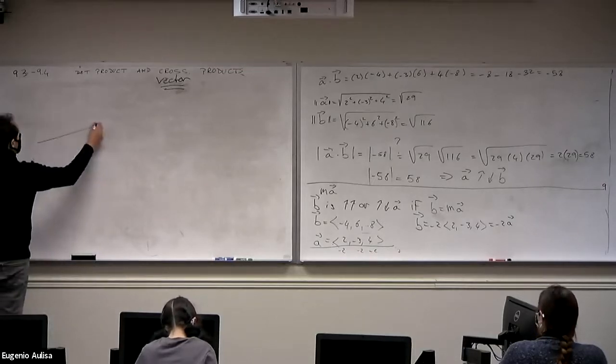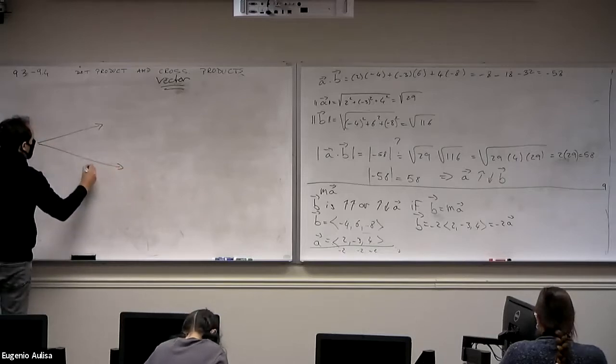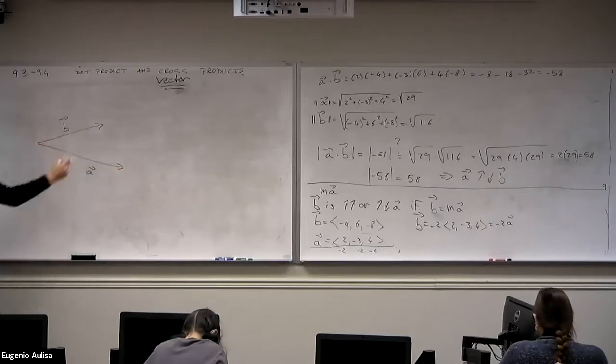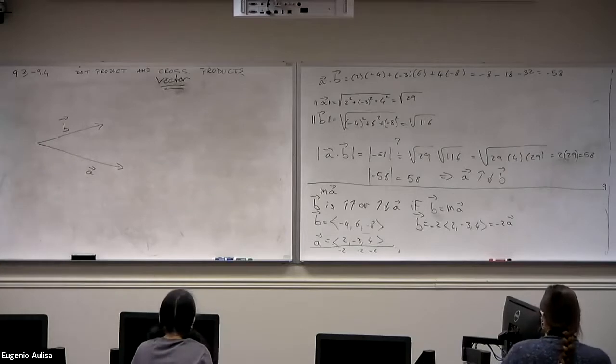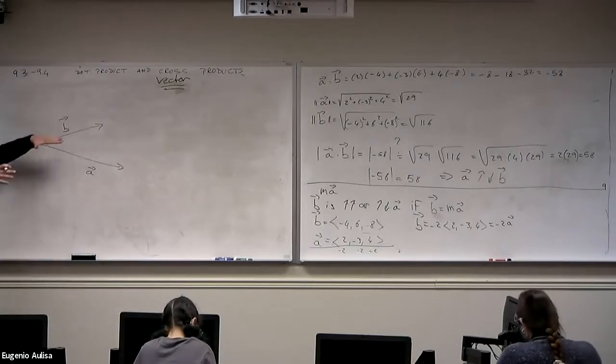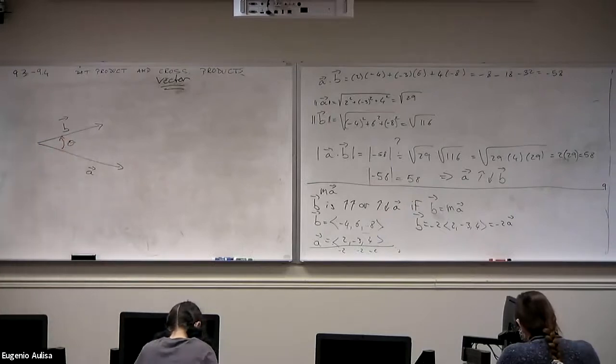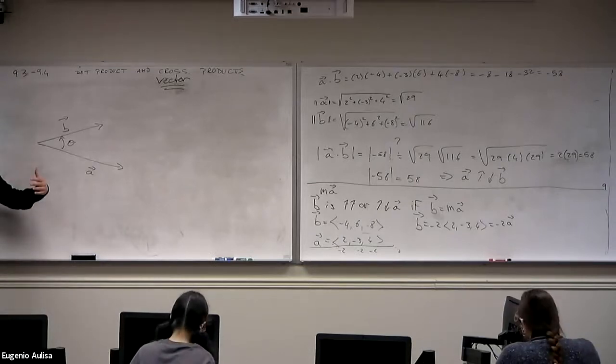Geometric definition. So we have two vectors, A and B, placed with the same foot. These two vectors are not on the board, they are in space. Theta is the angle between the two vectors, and for now, we assume that they are not parallel.